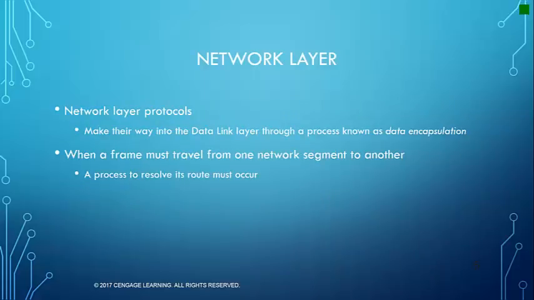Network layer protocols then make their way into the data link layer through a process known as data encapsulation. Building the IP datagrams, therefore, depends on understanding how to map the contents of an IP packet into a datagram that's going to carry an IP packet as its payload.